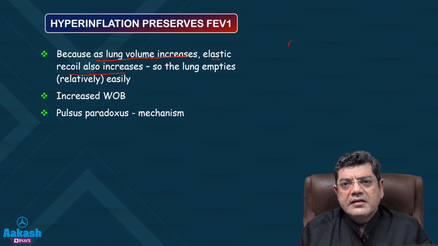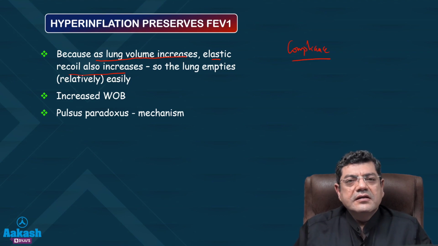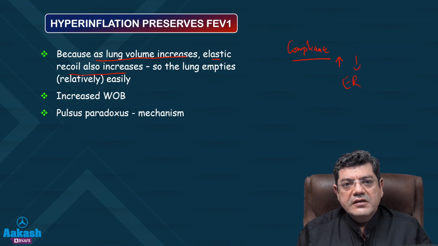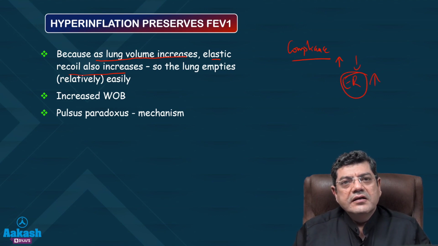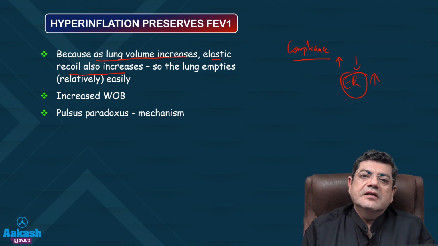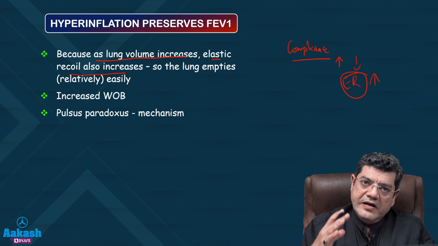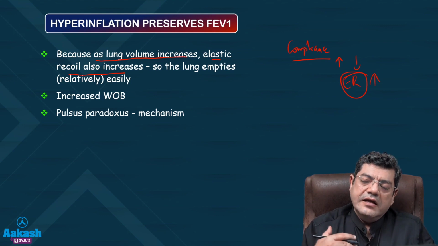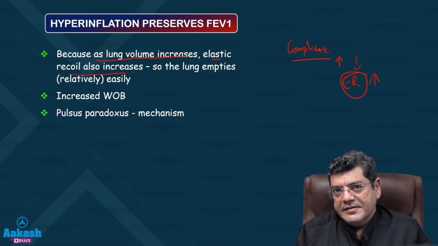We said that compliance or recoil is a dynamic measure of the expansibility of the lung, so it's not a static measure. As lung volume increases, compliance reduces, or in other words, elastic recoil increases. If the recoil is increased, one way it helps is that it ensures that the lung empties relatively more easily.